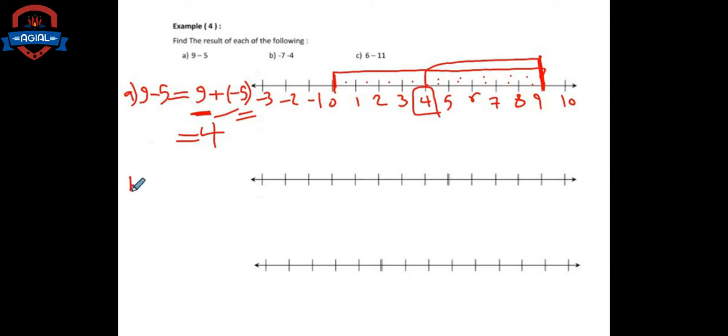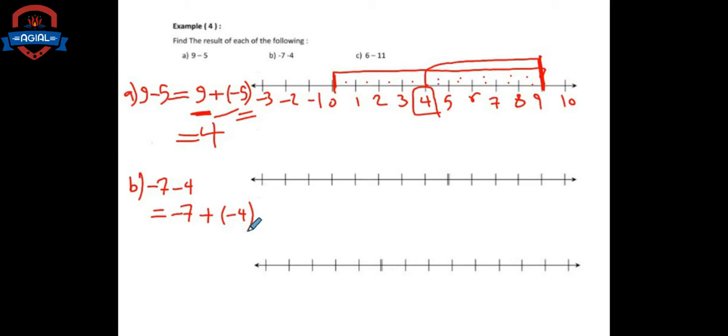Letter B. Negative 7 minus 4 equals, we put the first number, so we put negative 7, then add the additive inverse of the second number. So negative 7 plus negative 4.